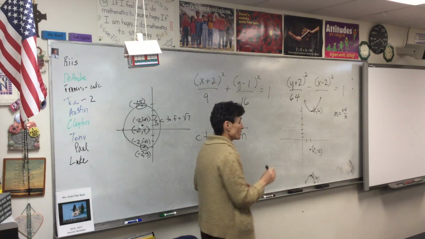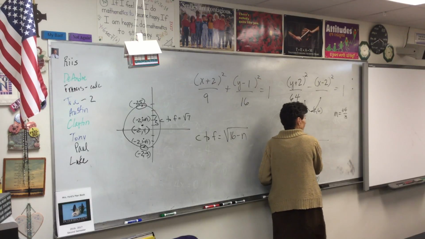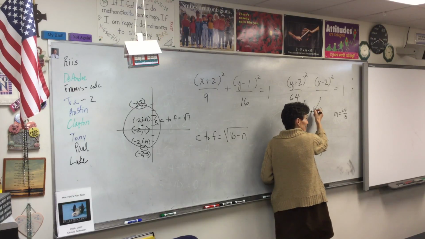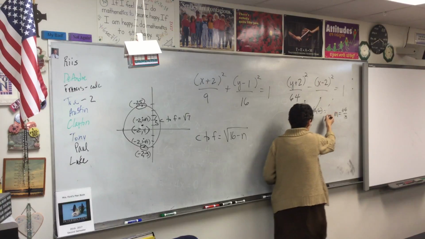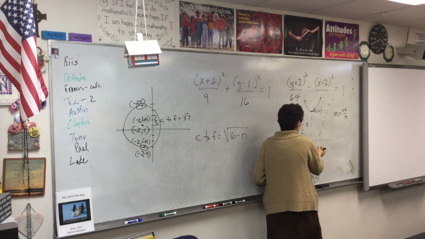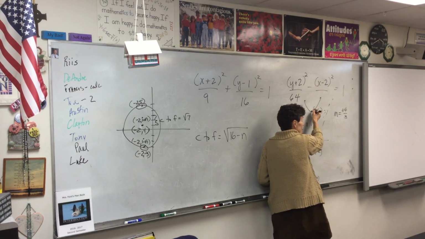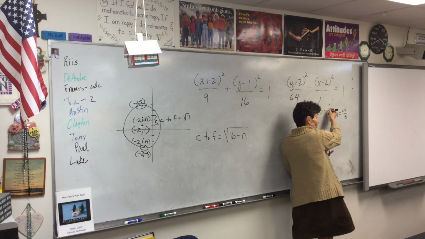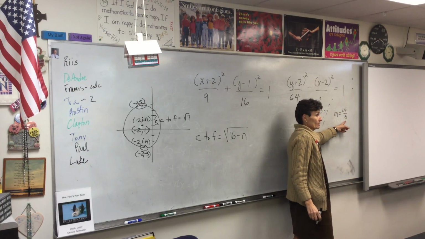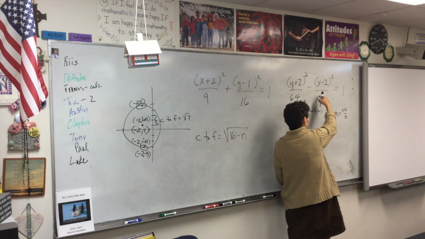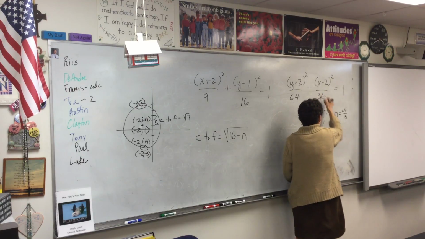Now, I want you to think about building this box. Starting at the center, we know we counted up 8, right? Now I gotta go over, because here's gonna be my asymptote, right? So I know I counted up 8. I have to go over an amount that gives me this ratio. It's gotta be 6, which means under here must be 36.